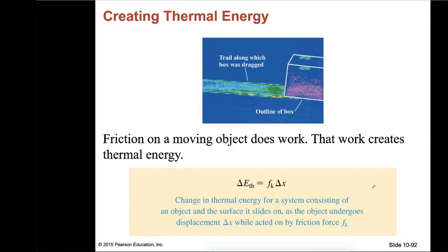So if you use a thermometer or thermal camera to take a picture when a box is moved on the surface of the ground and there is some friction happening, you will see the temperature on the path is higher, because the friction is doing some work, and this work is converted into thermal energy, which makes the temperature of the surface higher.